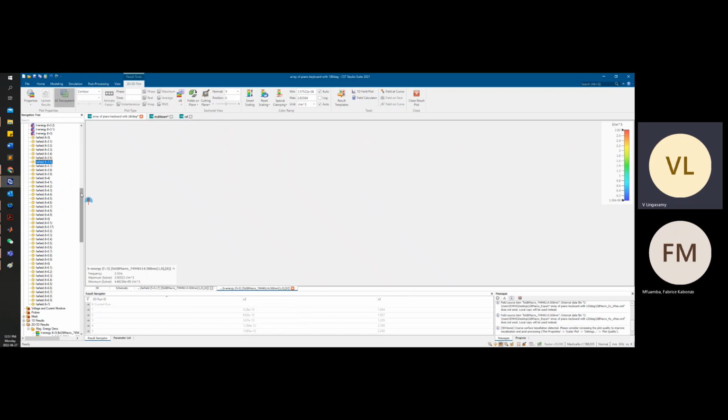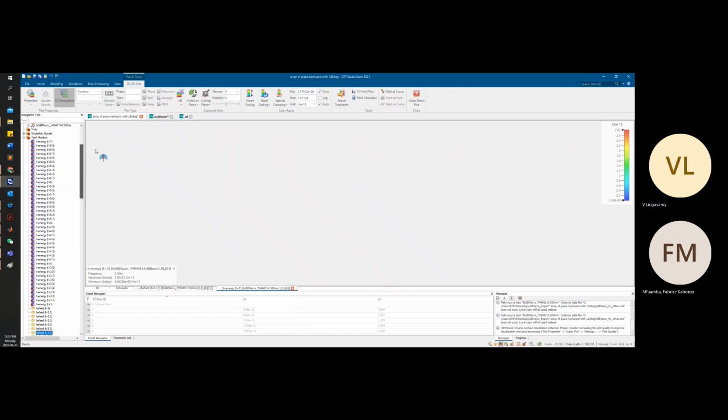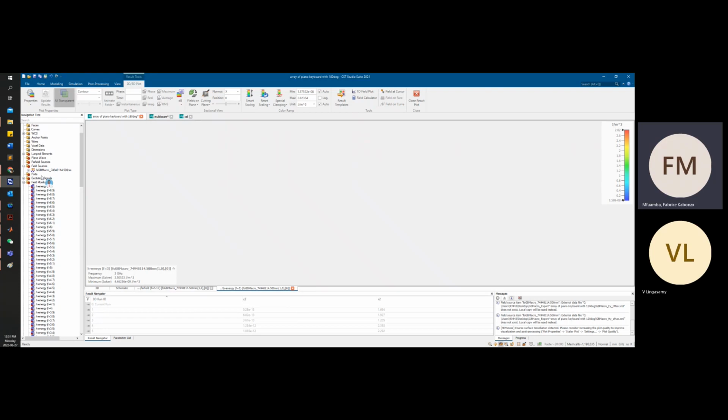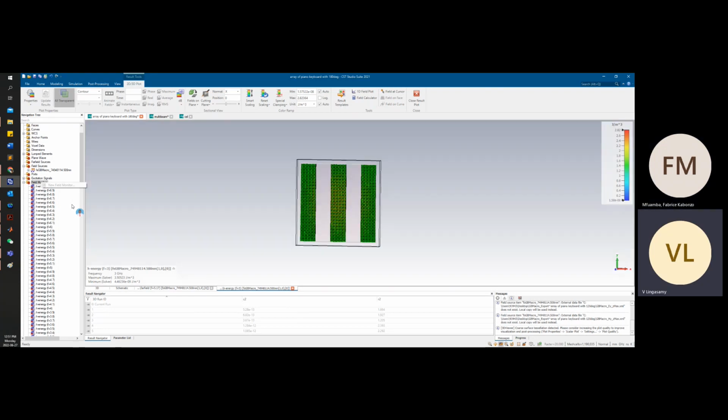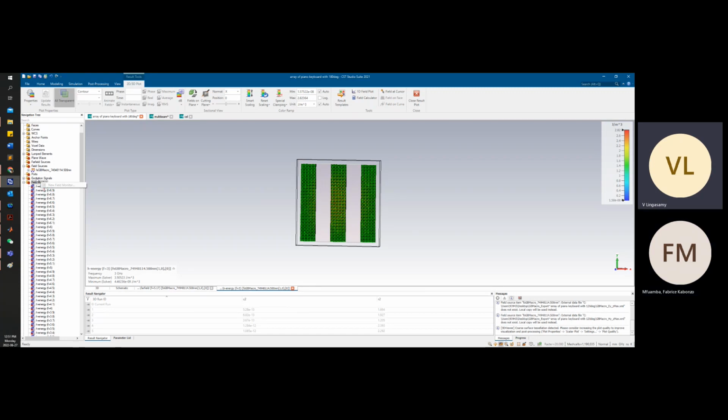Here you can select E field. It's loading now, it got hanged. Then you can select E field. That's it.